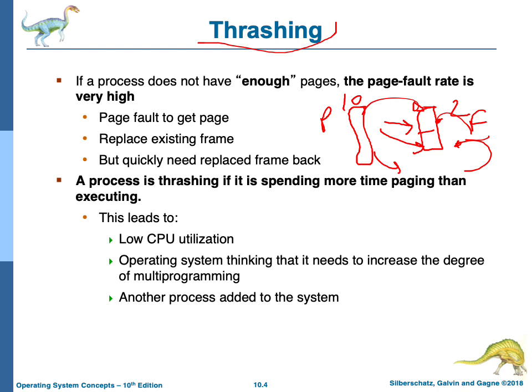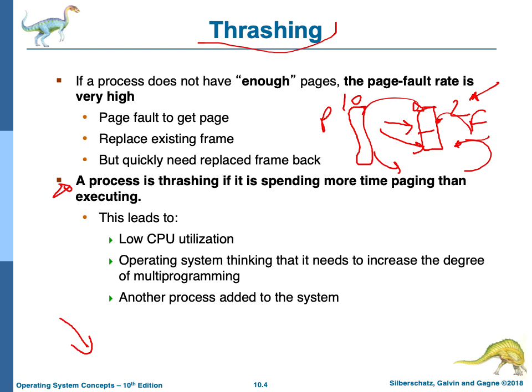So it will spend more time actually page faulting and handling the page fault than really executing or doing any useful work. Okay, why? Because we didn't allocate the frames that the process needs. And so when that process is in this cycle of page faulting and not really executing on the CPU, what the operating system will detect is a drop in the CPU utilization.